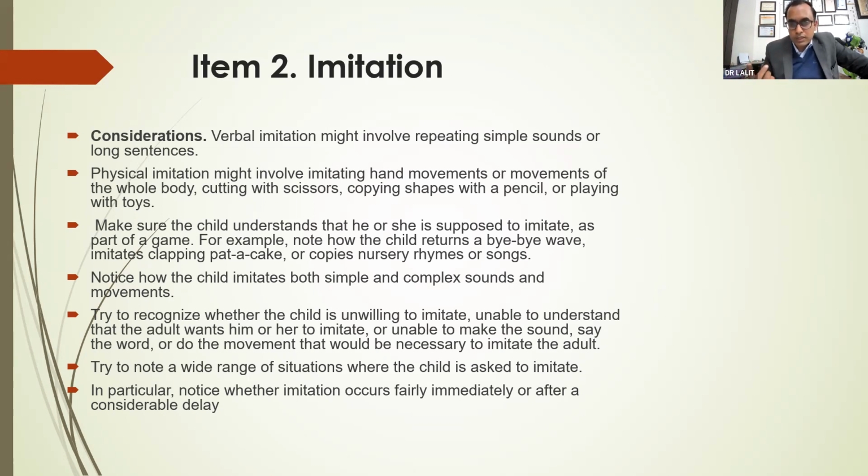Then copying skills: is he able to copy shapes with a pencil, or is he able to cut with scissors? Now the important thing is, while doing these observations, you also need to observe, as I was telling you, the developmental age and the chronological age of the child. A 3-year-old child with poor gross and fine motor skills may not be able to cut shapes with the scissors.